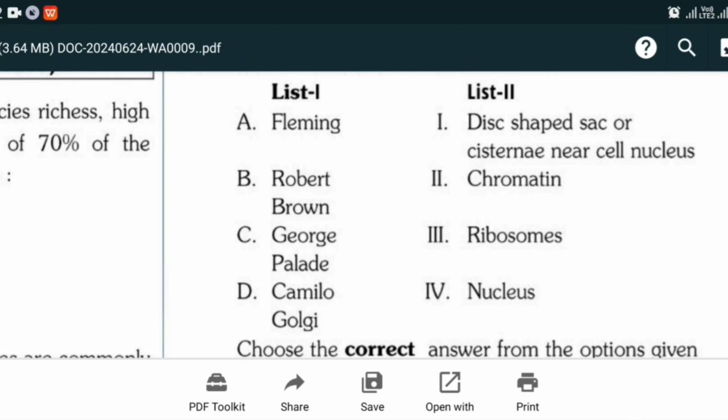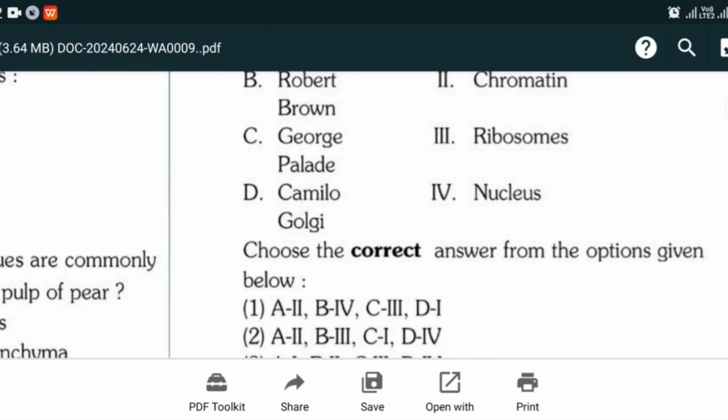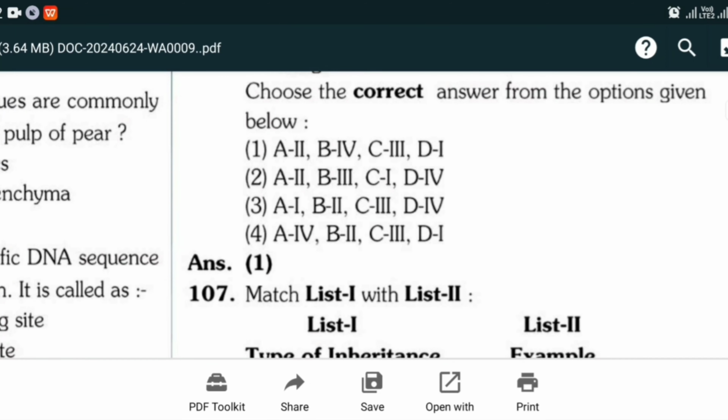And Camillo Golgi discovered the Golgi complex, the disc-shaped sac-like cisternae near the cell nucleus. That is what they are telling about the Golgi complex. So the correct answer is A is 2, Robert Brown is 4, George Palade is 3, and Camillo Golgi is 1. So option 1 is correct.